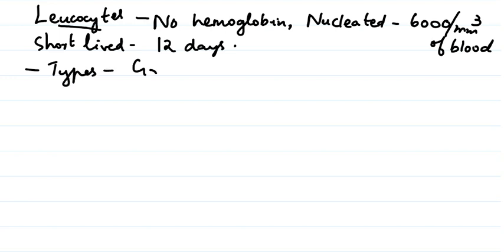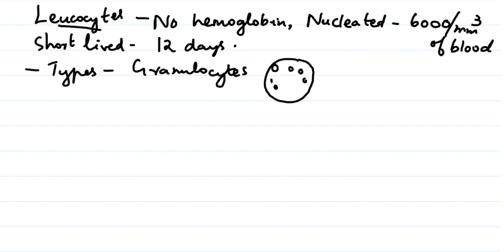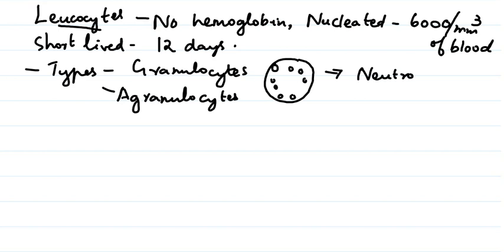They may be granulocytes. Granulocytes means their cells have granules filled with enzymes, and they can be agranulocytes. The examples for granulocytes are neutrophils, eosinophils, and basophils.